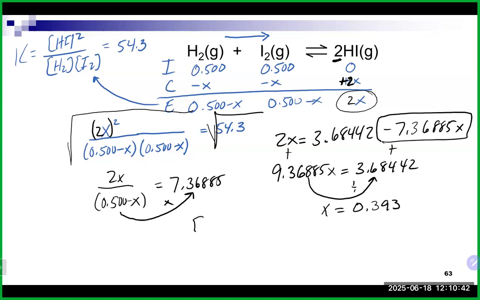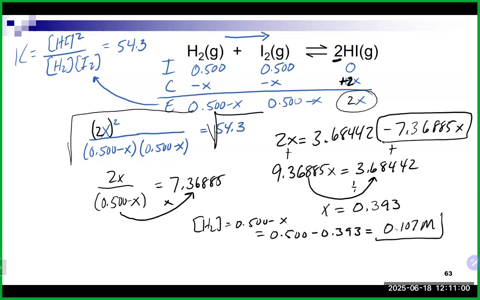All right, now that we have our x, we can actually get our values here. H2 is 0.5 minus x. That's 0.5 minus 0.393, and we end up with 0.107. We do need units there since it is a concentration.